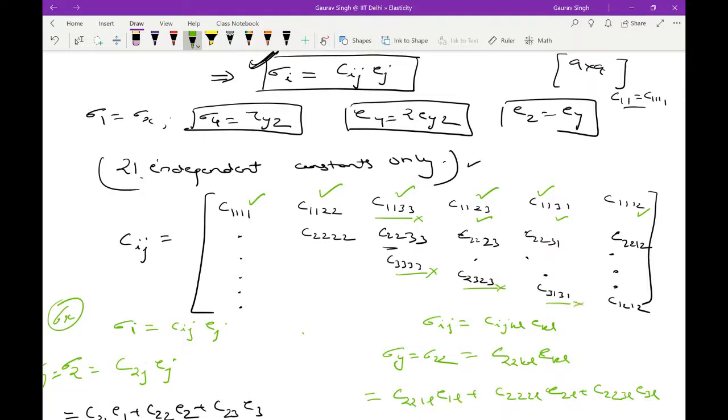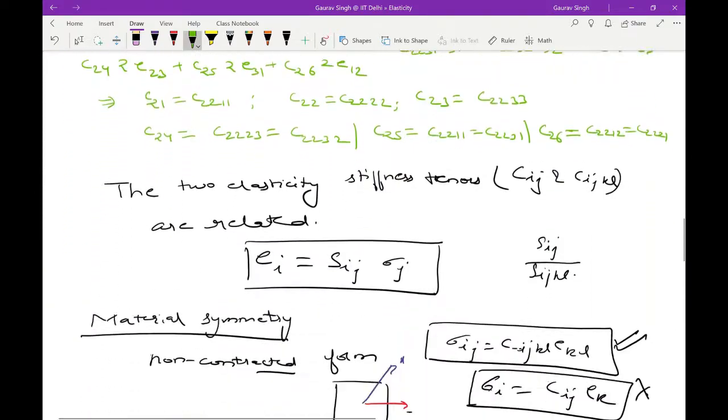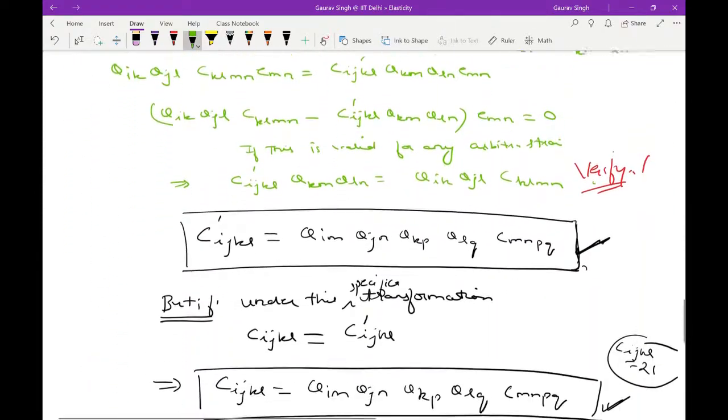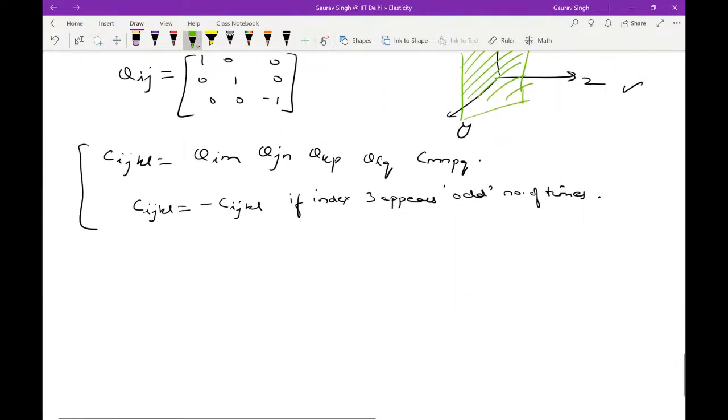This cannot be, and this can be, this can be. This cannot be. So let's take up a case in which it is appearing an odd number of times. Let me just take C1131.